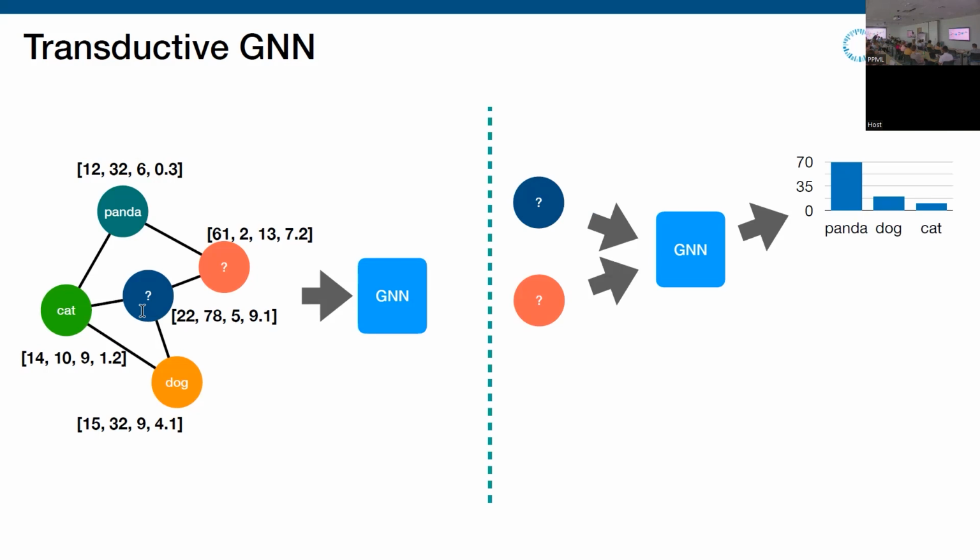Because I'm actually using the testing samples' information to train the model. My testing samples are only the blue and red nodes, and I'm using their information, including their features and their connections with other nodes, to train the model. In machine learning this is also very common, semi-supervised learning.